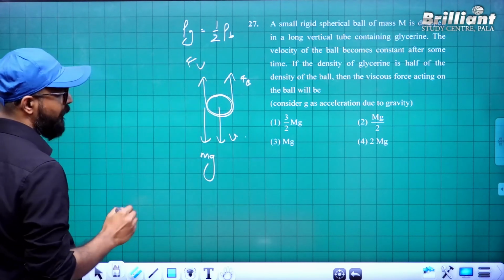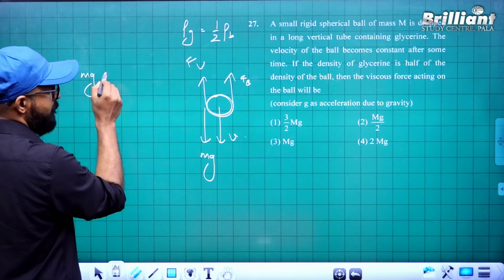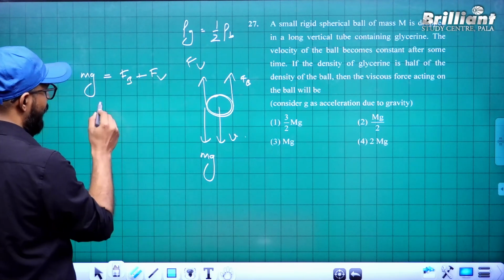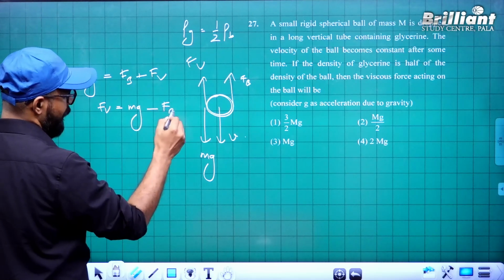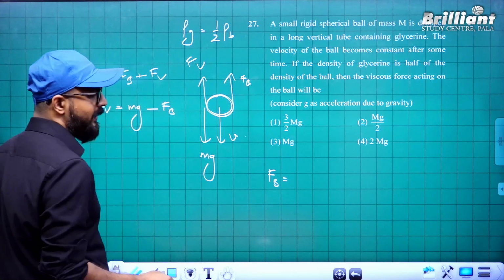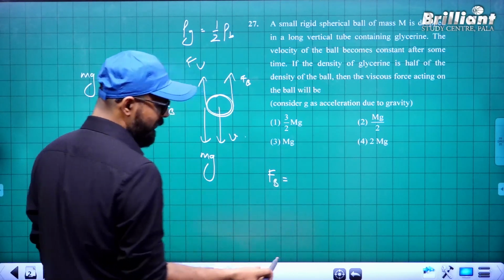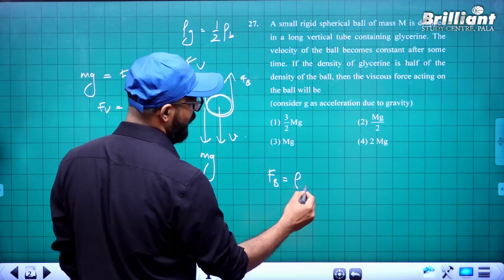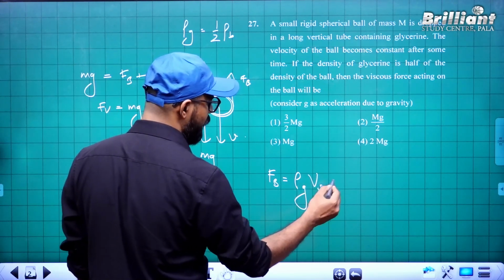Fv. And we can say that these are all balanced, so mg is equal to Fb plus Fv, and the viscous force which we need to find is mg minus Fb. And we know the buoyancy force is equal to density of the liquid, the glycerin, into volume of the solid into g.